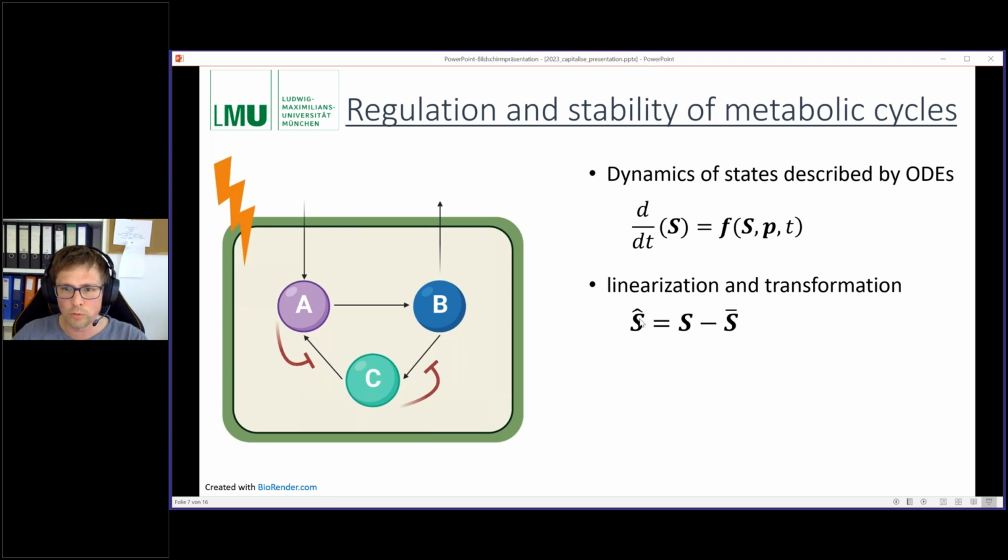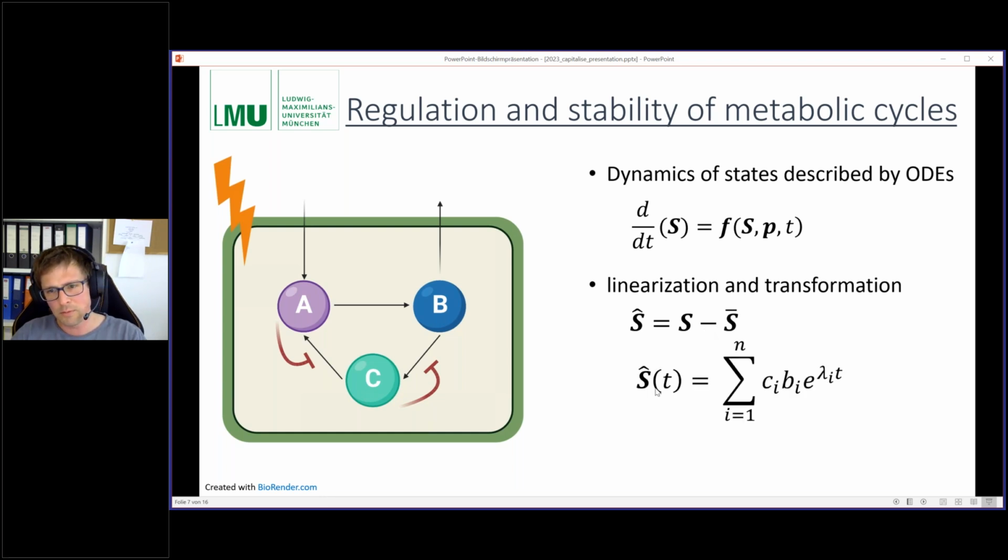The roof on this metabolite vector S describes the state after perturbation, or the difference between the metabolite concentration and the mean value of all of the metabolite concentrations.